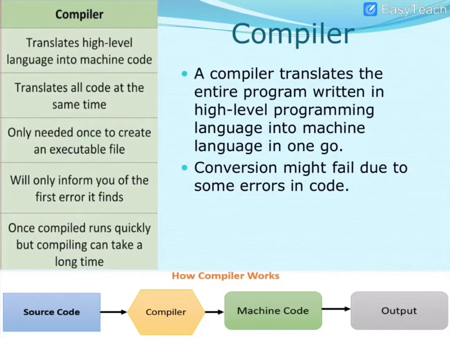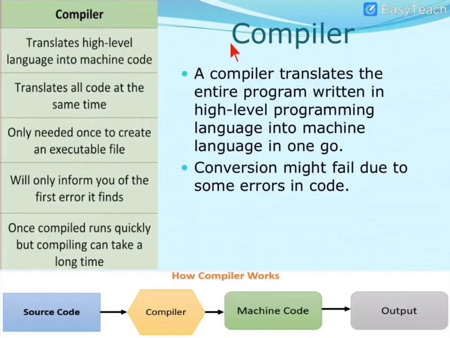So that is the main difference between an interpreter and a compiler. An interpreter translates each line into machine code one by one, whereas a compiler translates the whole program into machine code in one go. An interpreter tells you about the errors it finds in a line, and only if you correct that error does the code carry on.